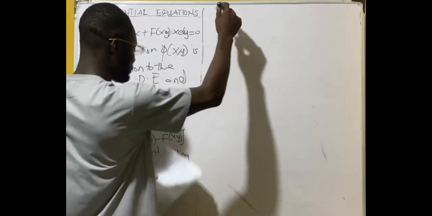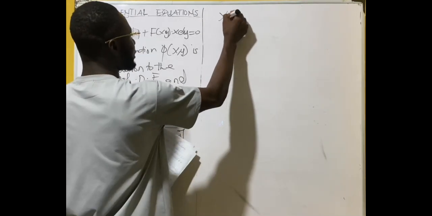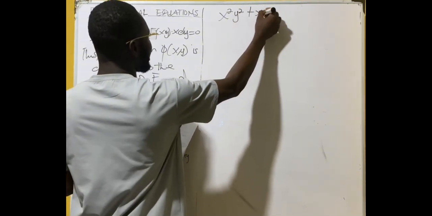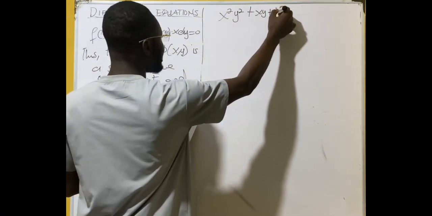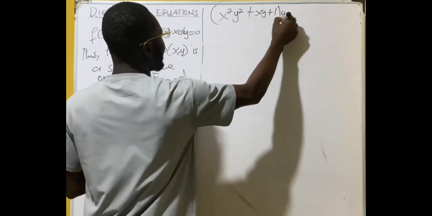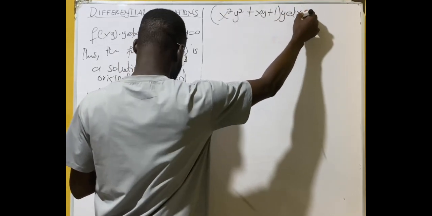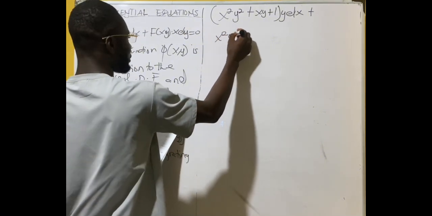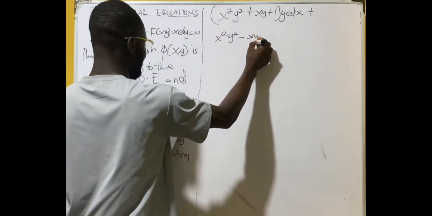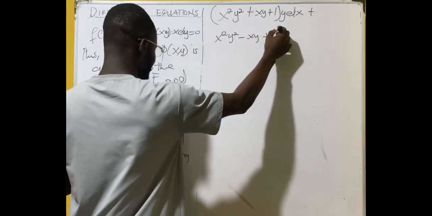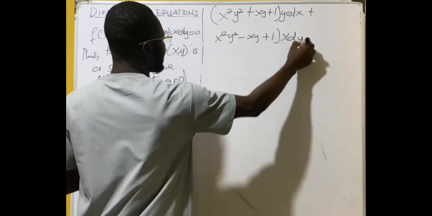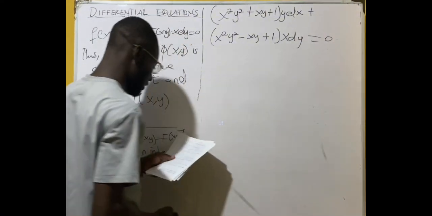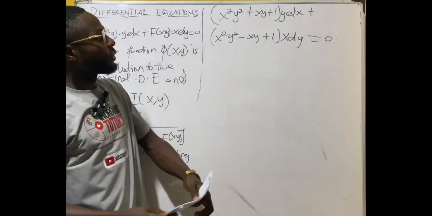So we're going to solve that equation, which is x squared y squared plus xy plus 1, all multiplied by y dx, plus x squared y squared minus xy plus 1, all multiplied by x dy. That is equal to what? 0.